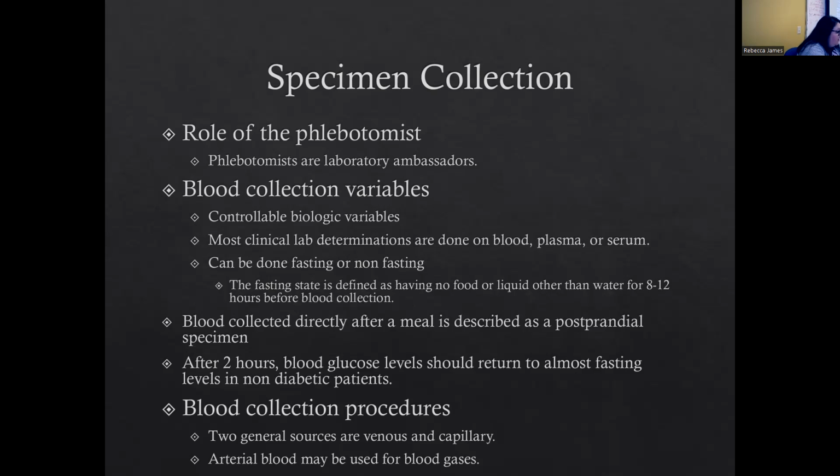In the case of blood glucose, a sample may be collected 2 hours postprandially. After 2 hours, underline this, put a star by it. After 2 hours, blood glucose levels should return to almost fasting levels in patients who are not diabetic.